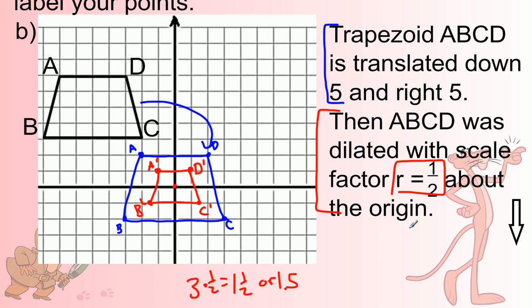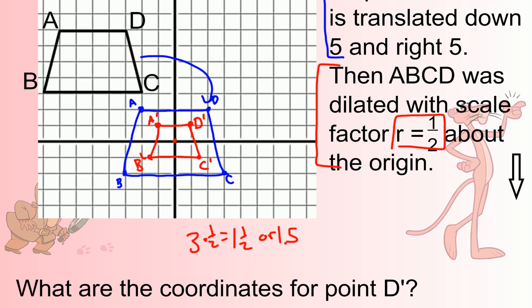If you measure your sides, AD is 4. Now A prime D prime is 2. BC is 6. Now B prime C prime is 3. Not too shabby. Let's answer some questions.